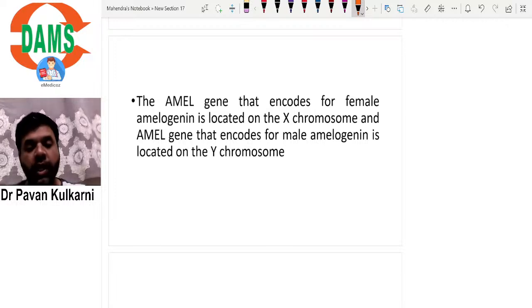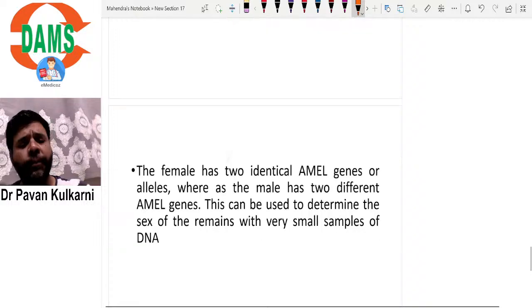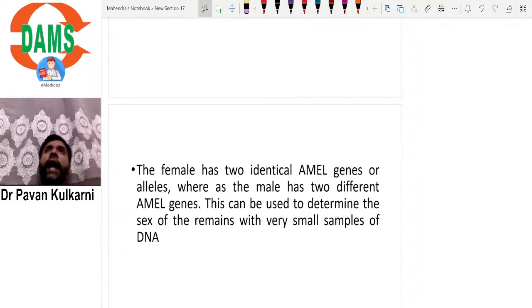Now comes the question, how are we going to differentiate? In females, where this Amel gene is present on the X chromosome, one gene has two alleles. A gene is like a coin. Allele is like both the sides.